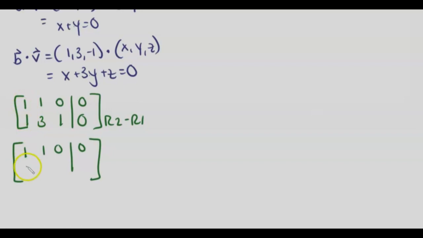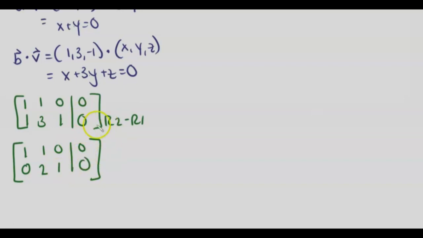And then row 2, we subtract row 1. So 1 minus 1 is 0. 3 minus 1 is 2. 1 minus 0 is 1. And 0 minus 0 is 0.